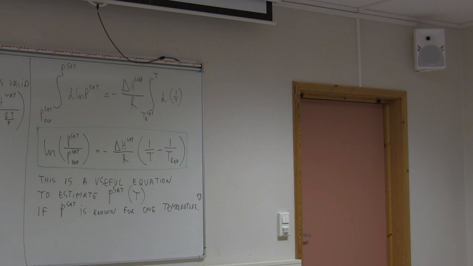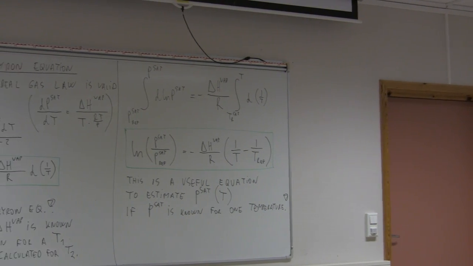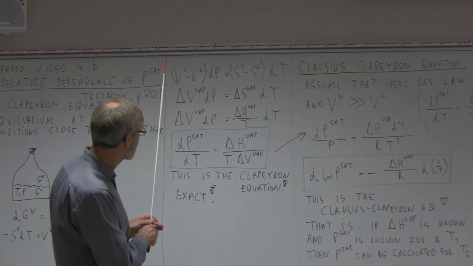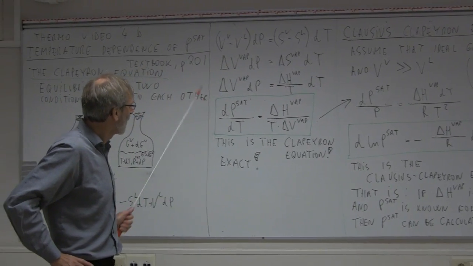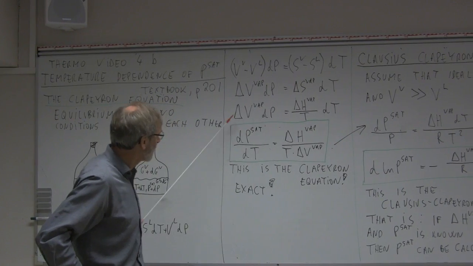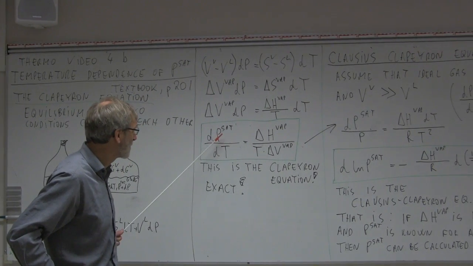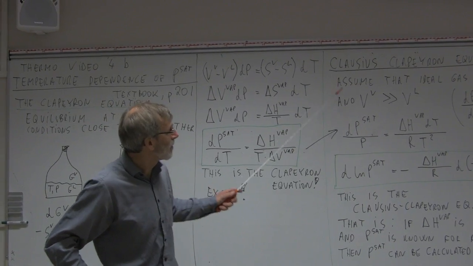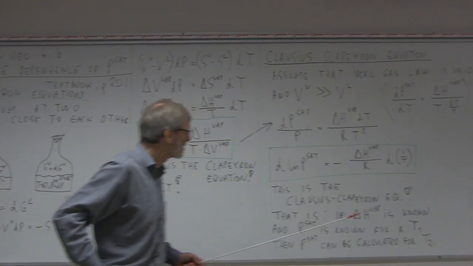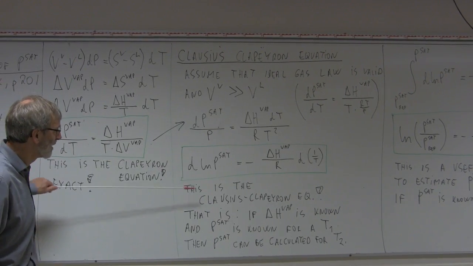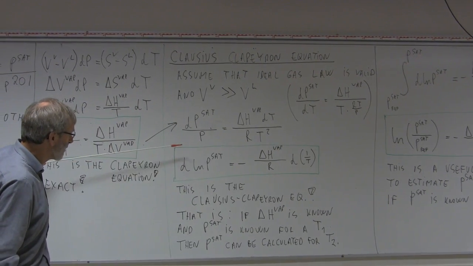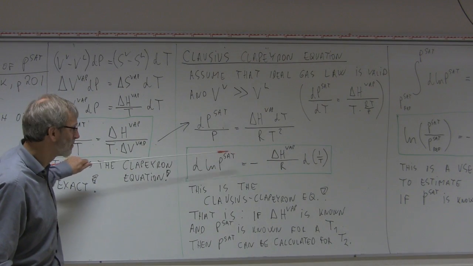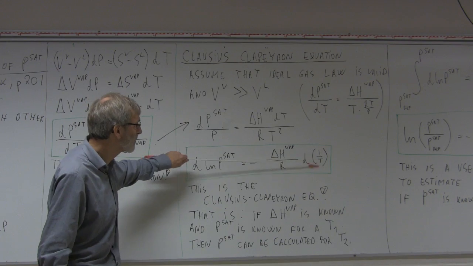So what I have done is that I have deduced one exact relation between the saturation pressure and temperature, and based on some assumptions I have made, found another equation which gives the relationship between the saturation pressure and the temperature.